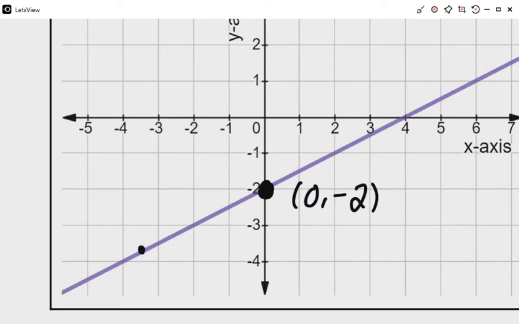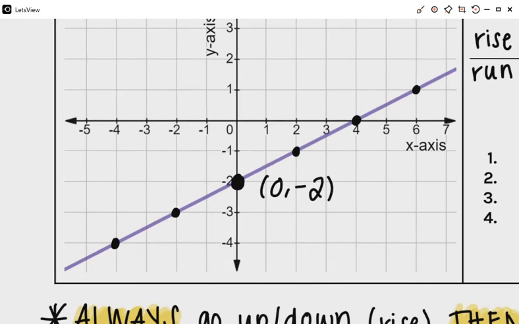This one, I don't know, (-3.2, -3.8)? Like, that's weird. That's gross. Not perfect. That's going to be really hard to count. So you always want to look for points that are right in the corner of these boxes. As you can see, all of these that I'm marking are going to be perfect. They're nice and neat. You can easily write them as an ordered pair.